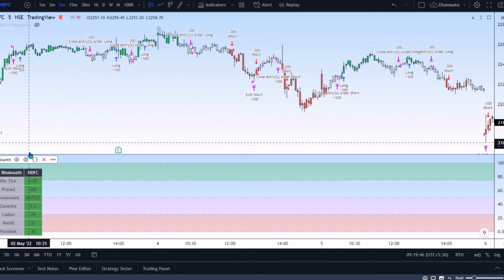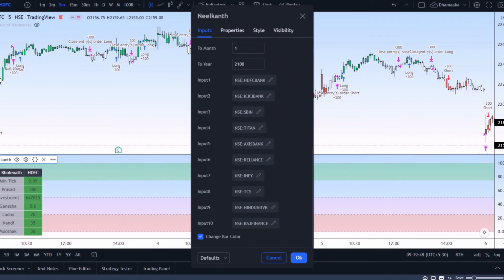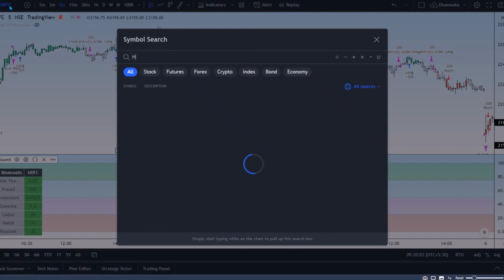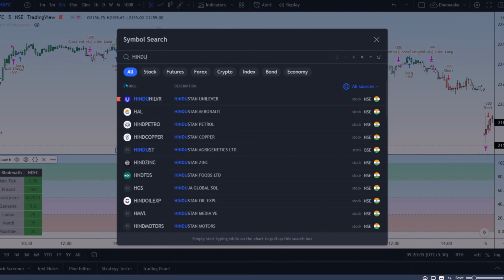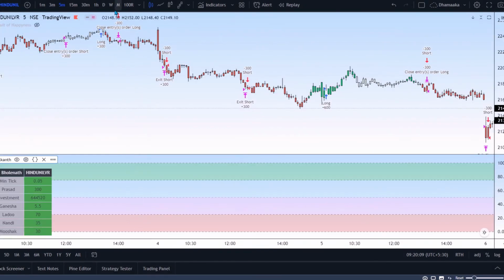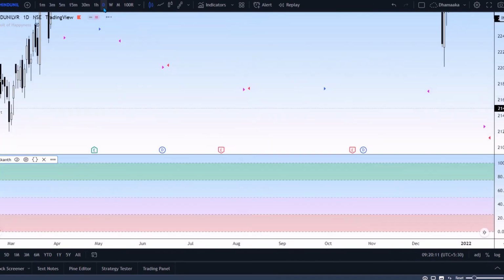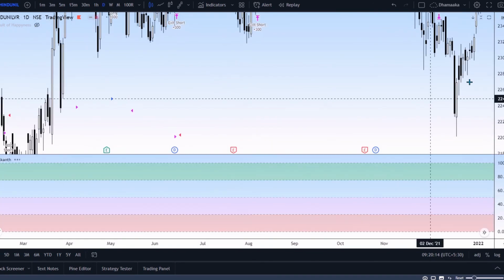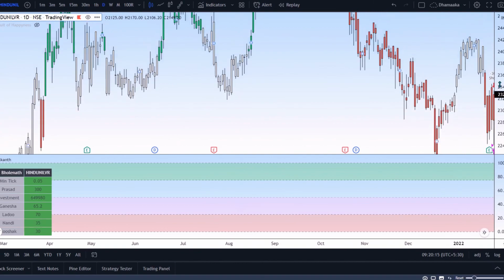So what we have here is, let's pick Axis Bank, or let's pick something quiet, FMCG, Hindustan Unilever. So Hindustan Unilever, go to daily. I don't remember the lot size for Hindustan Unilever.